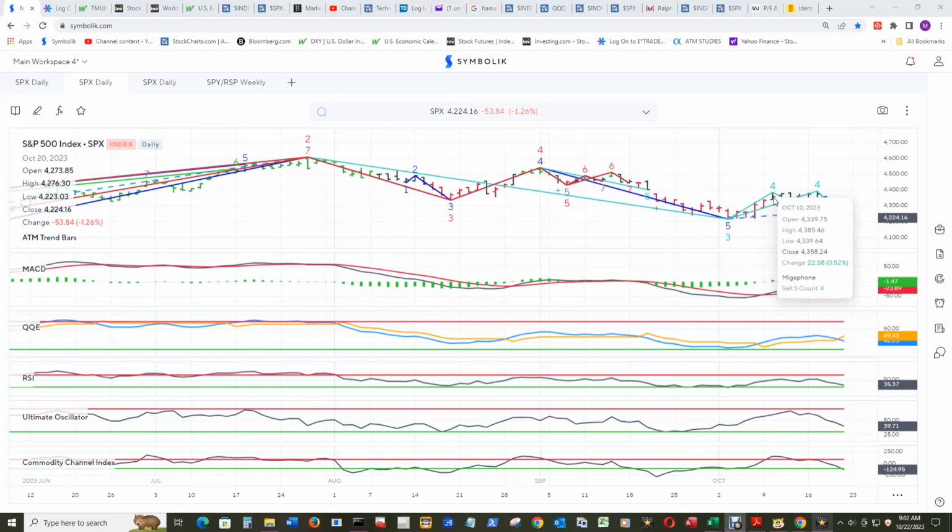If it can stay below this high and/or this high, one of these will print a 6.